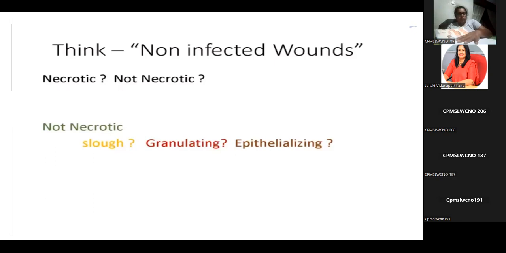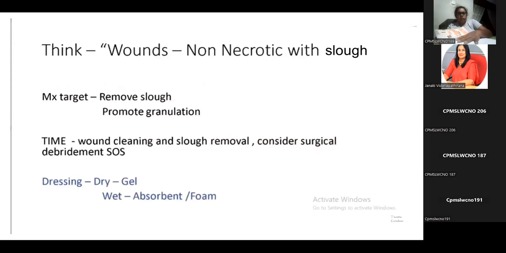Then we have to see whether there is slough, whether there is granulating tissue, or whether the wound is epithelializing. So a non-necrotic, non-infected wound with slough.